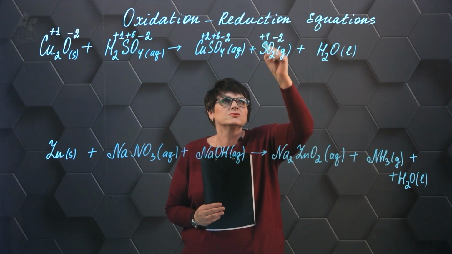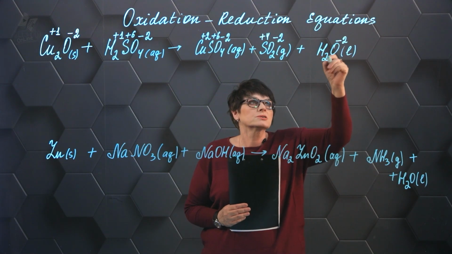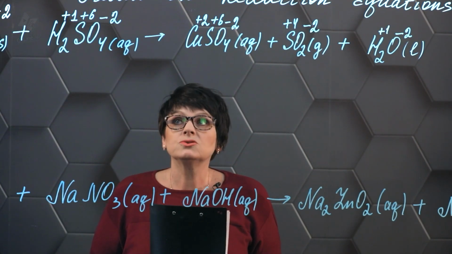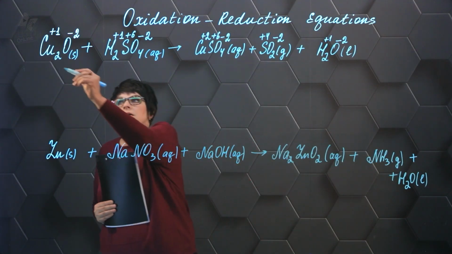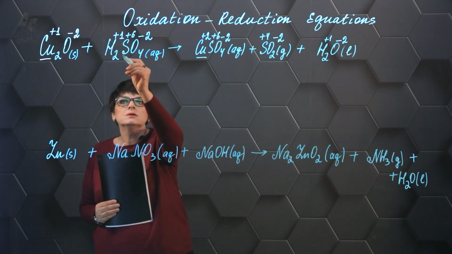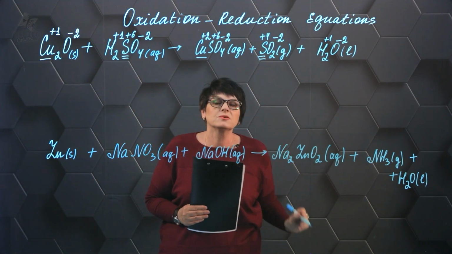Lastly, in H2O, oxygen again has a charge of -2, and through the rule of the cross, hydrogen carries a charge of +1. The next step involves determining which elements have exchanged charges. That would be copper, and sulfur undergoes a change in oxidation state to +4.